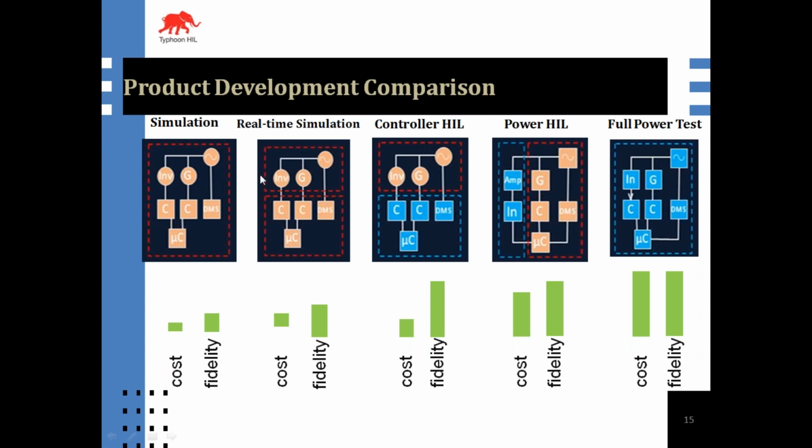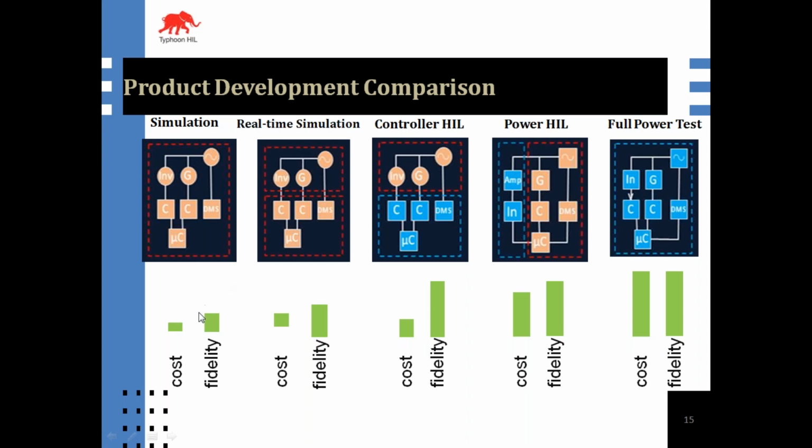But in real-time simulation, you can see these are two red rectangular blocks. This shows that here you are going to use the simulation software plus a real-time simulator, meaning the plant on one processor and the controller on another processor. This is the controller part. The controller is handled by one processor and the plant is handled by the other processor. So here we are using only the real-time simulator.